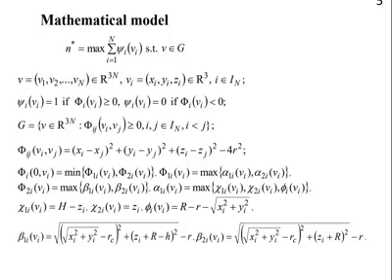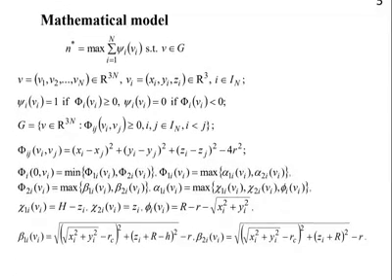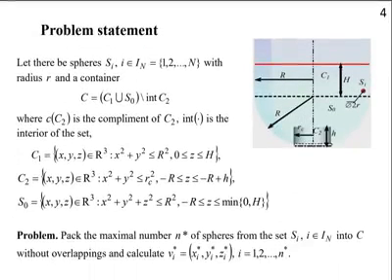Solving the problem is reduced to solving a sequence of nonlinear programming problems, making use of the block coordinate descent method and analysis of Lagrange multipliers, to realize sequential addition of spheres. Numerical examples for up to 2 million spheres are given.